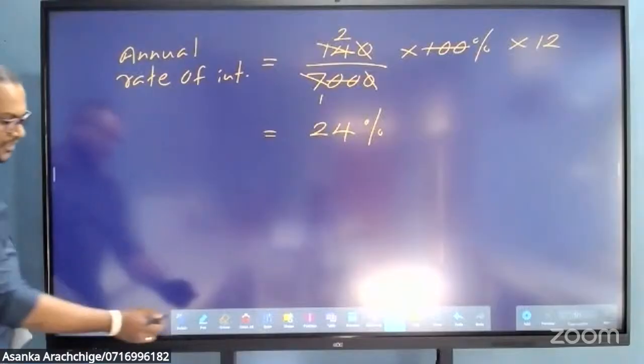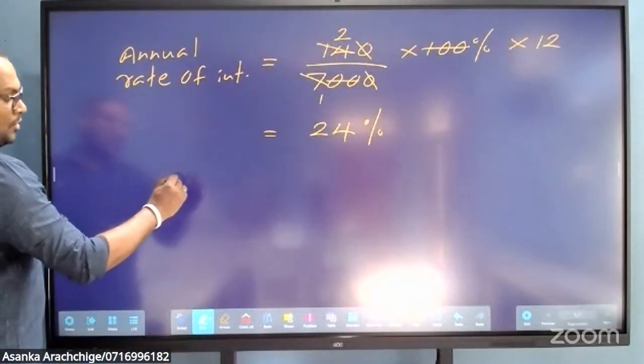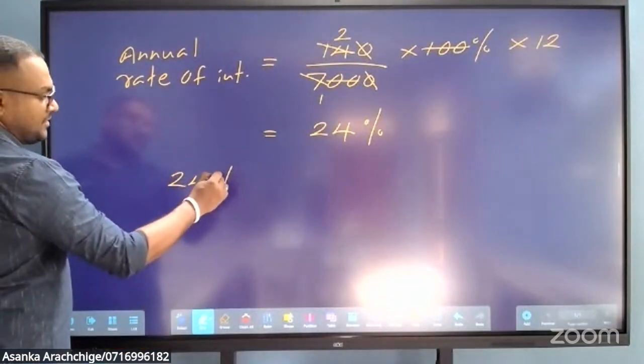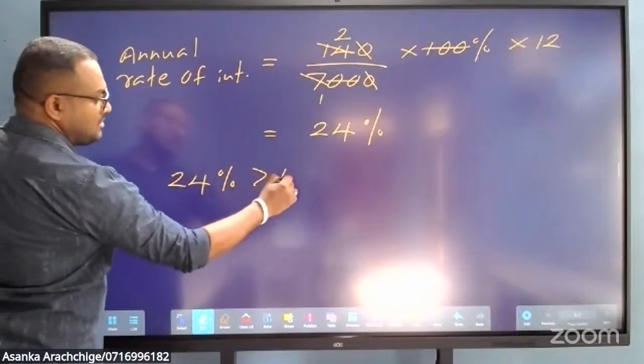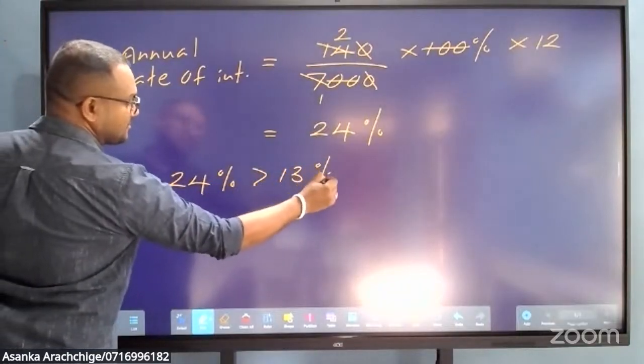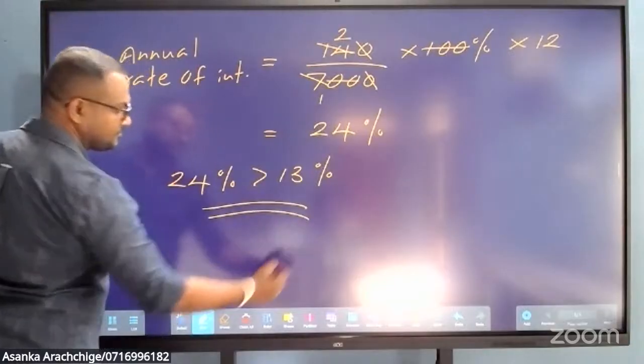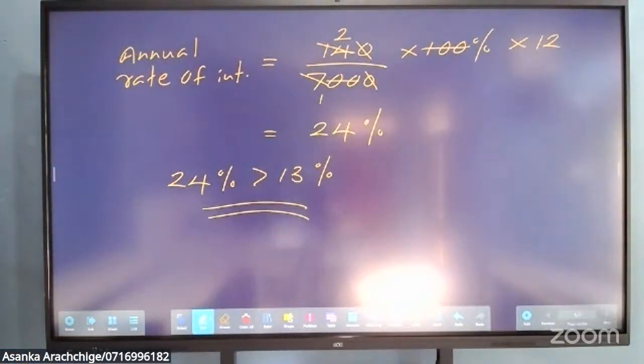Now you can write 24% is greater than 13%. Got it?